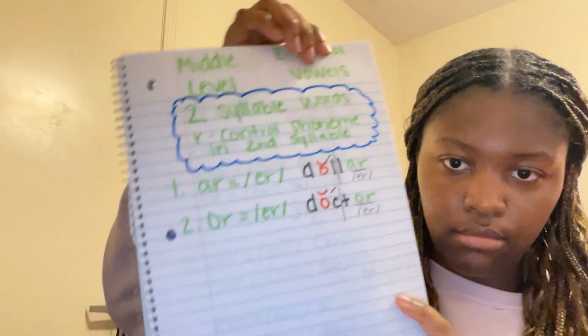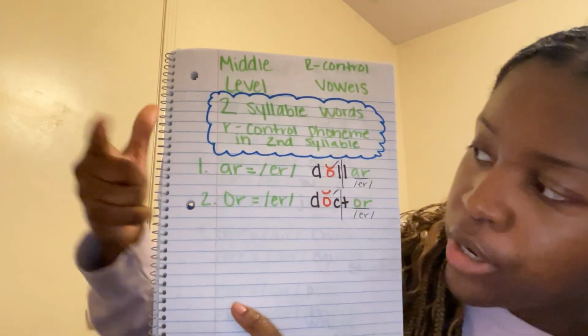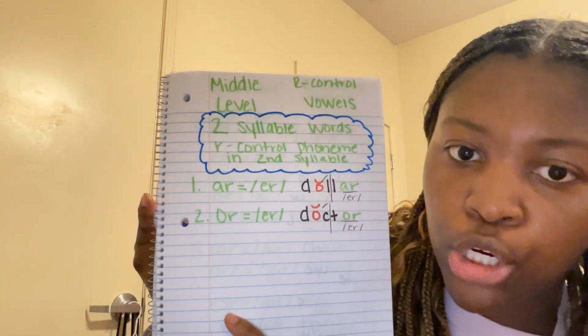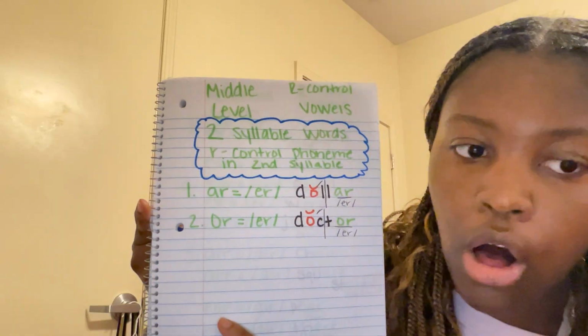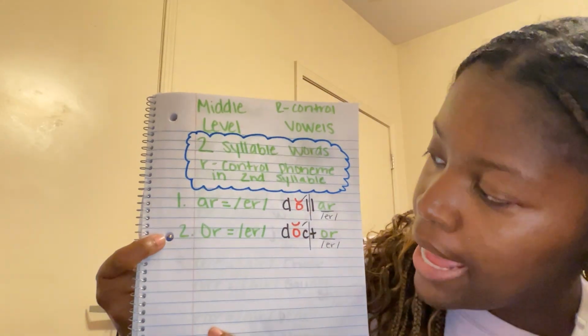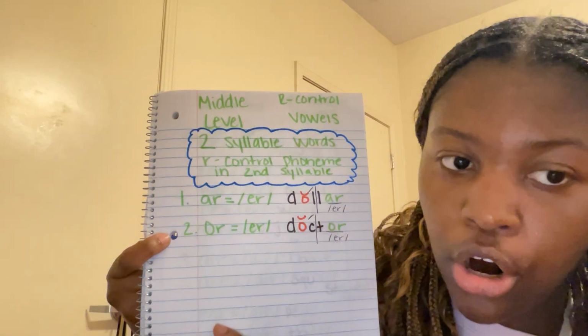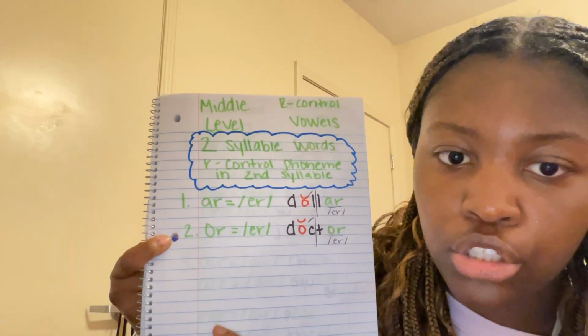Next, I have the middle level R-controlled vowels. And I made a little note that says 2 syllable words, R-controlled phoneme in second syllable. So the first word I have is AR that makes er, like in altar. And then I have OR that makes er, like in doctor.